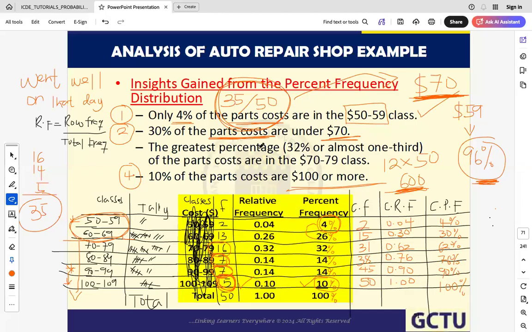So 30% of spare parts under $70, meaning that 70% of the invoice amount are more than $70. And that is the information we can have for splitting this into two.